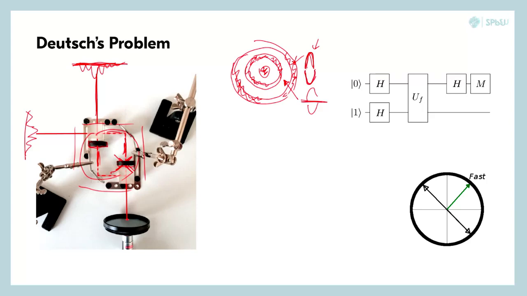And on the red points here, we will have black points, and instead of black points, we will have red, so the interference pattern will shift.